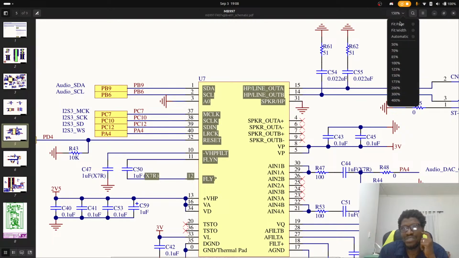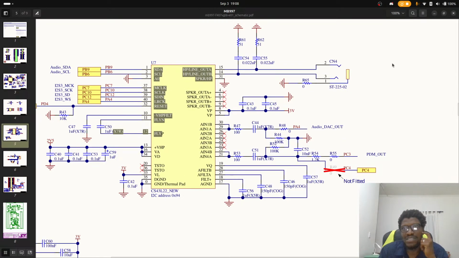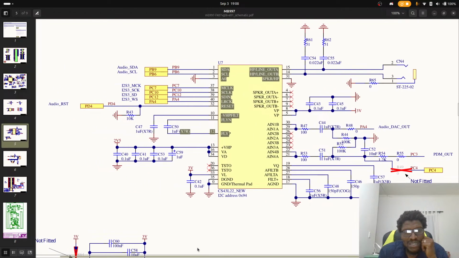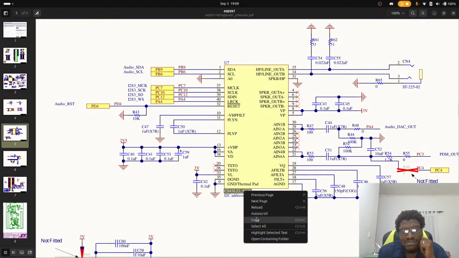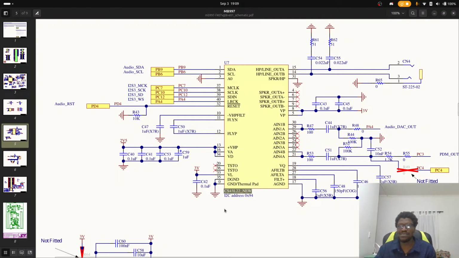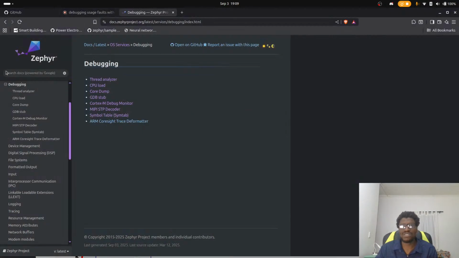I'm going to reduce this to 100 so we can see everything. It does have an audio codec, I2C address 0x94, the CS43L22. Perhaps let's go find out what that is. I expect this is an audio codec that we can use.